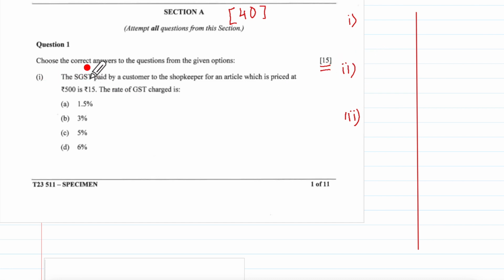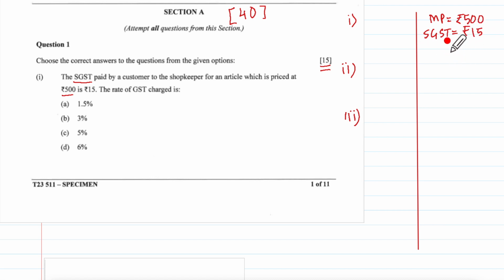Now the first one of the MCQs is saying that the SGST paid by the customer to the shopkeeper for an article which is priced at 500 is rupees 15. So the MP is rupees 500, right? And he pays SGST. SGST is going to be rupees 15.